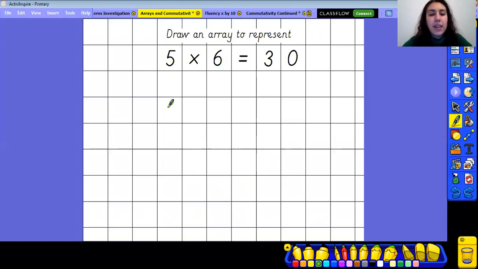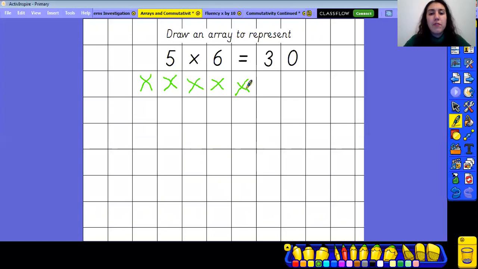So what that means is that going across, I would have 5 to represent my 5 groups. So I've got 1, 2, 3, 4, 5. So there we go.